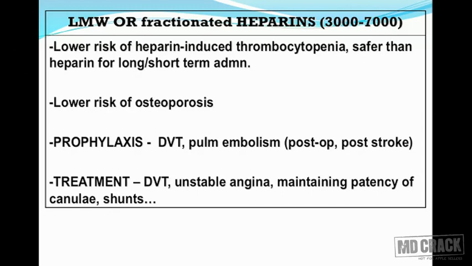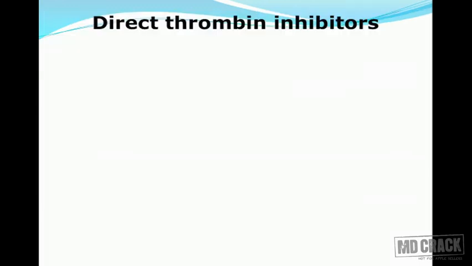Again, the same situations, same conditions where we use heparin. For prophylaxis, most important is venous thromboembolism, that's DVT, plus pulmonary embolism, post-operative and post-stroke. For treatment of, again, DVT and unstable angina or maintaining the patency of cannulae and shunts. So that's about the low molecular weight or fractionated heparins.